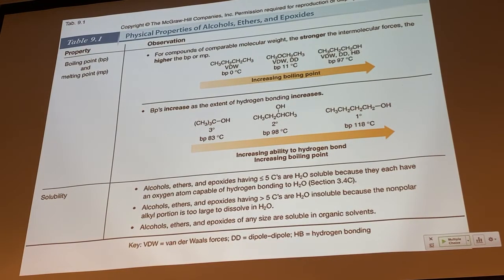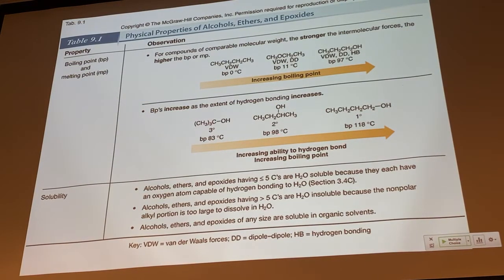Here you see that if we're comparing different alcohols, the alcohol with the greatest surface area has the highest boiling point. So if you have the same number of carbons, primary alcohols would have higher boiling points than secondary, which in turn would have higher boiling points than tertiary. The book is telling you here that you have more hydrogen bonding, stronger hydrogen bonding if your alcohol is less hindered.